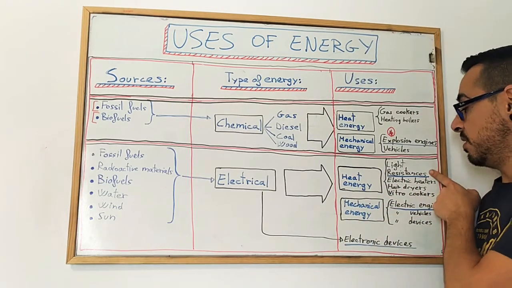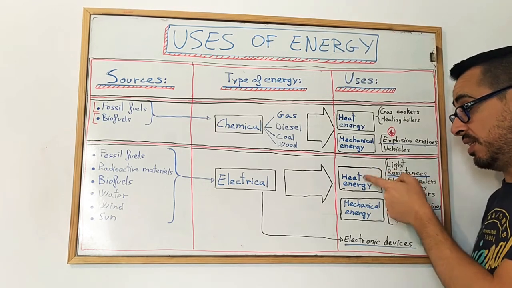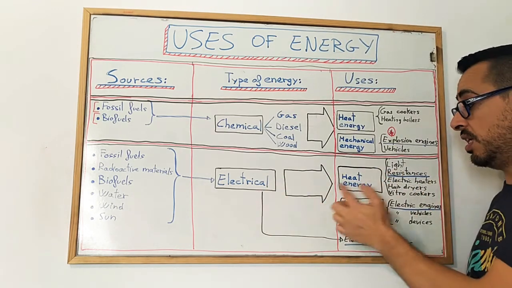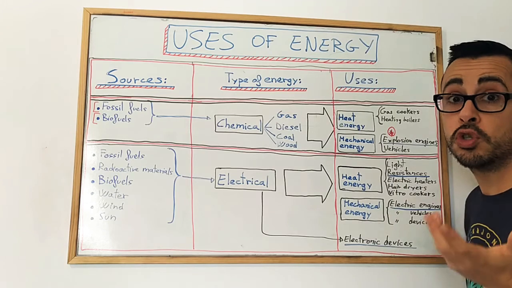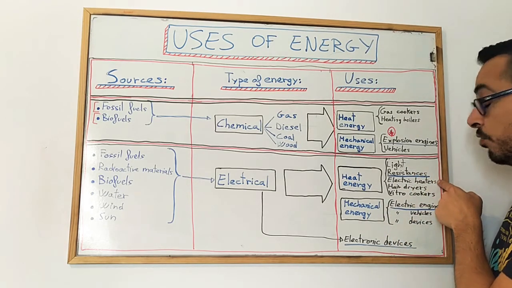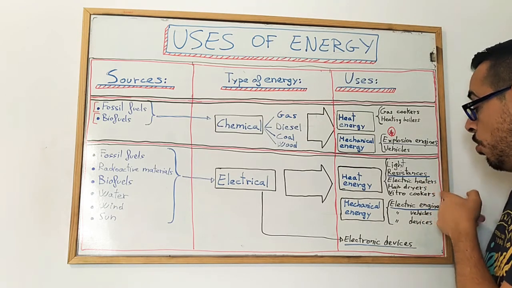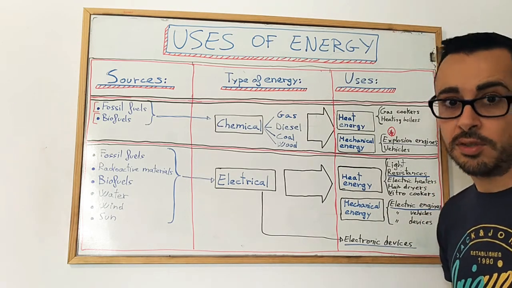The resistance gets hot by electricity. So we transform electricity into heat energy, and we can use that heat energy for making light, for making electric heaters, for making hair dryers or vitro cookers.